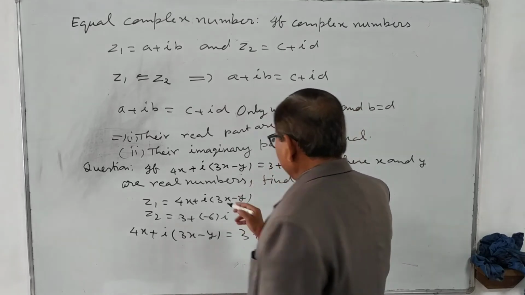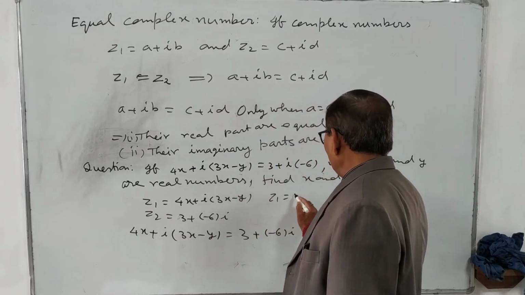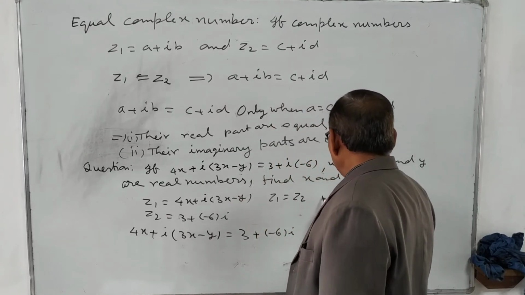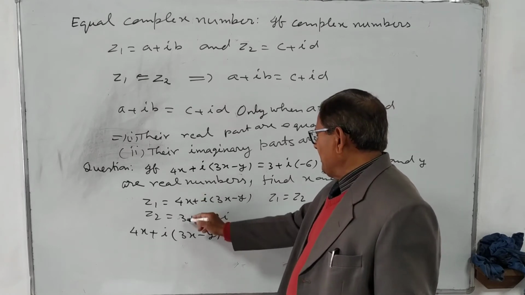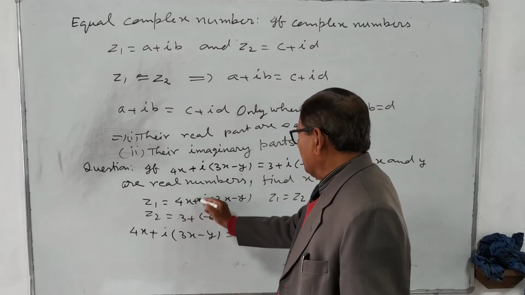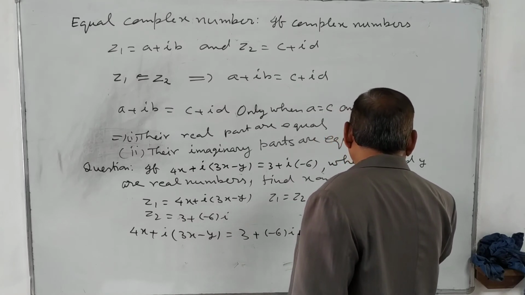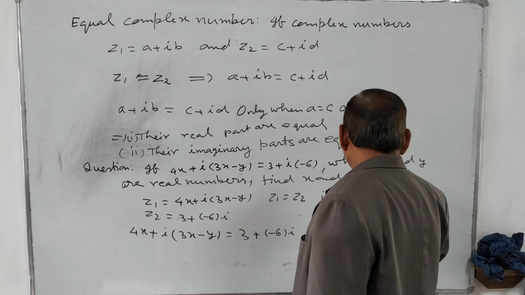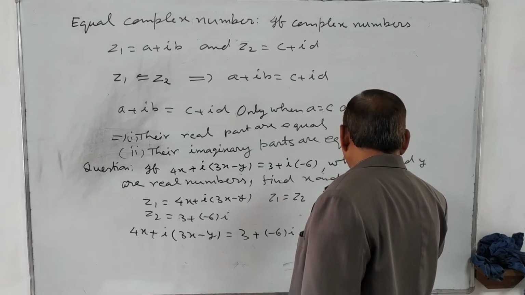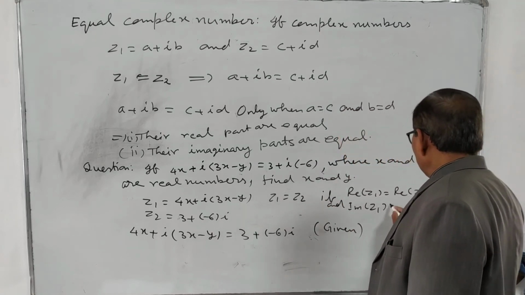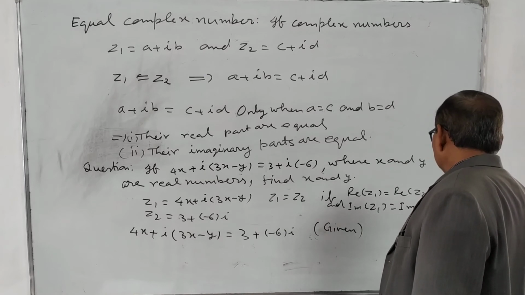Now you know that z1 and z2 are equal if their real parts are equal. Your real part of z1 equal to real part of z2 and imaginary part of z1 equal to imaginary part of z2.